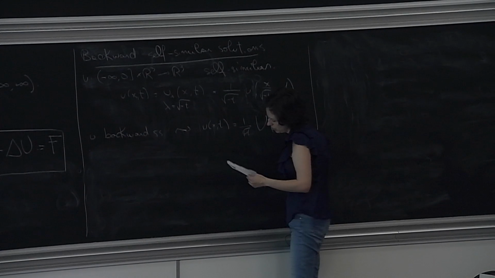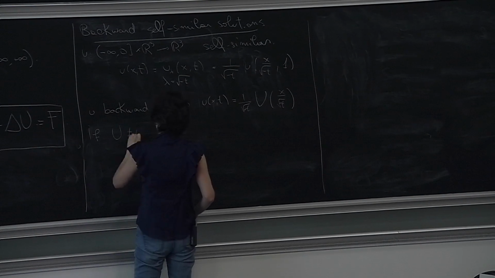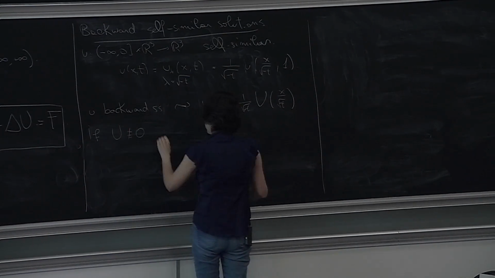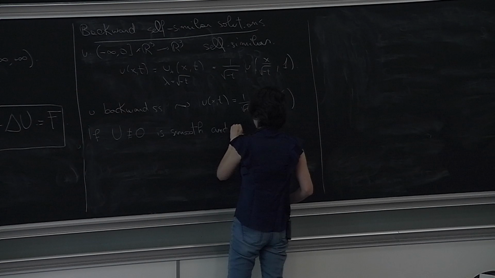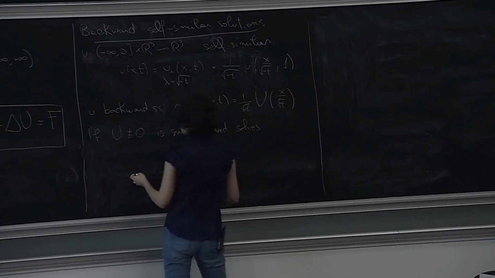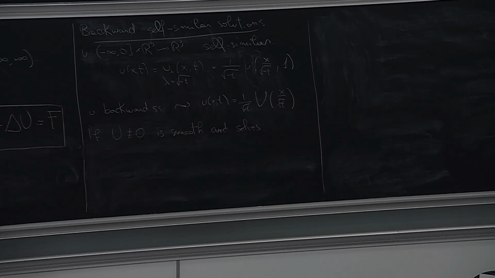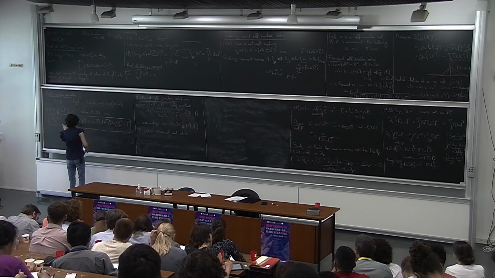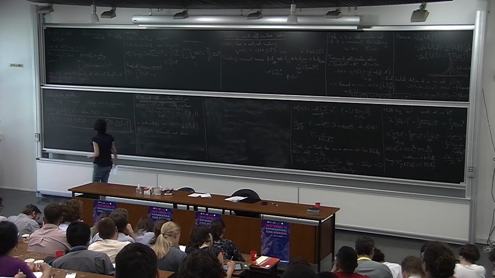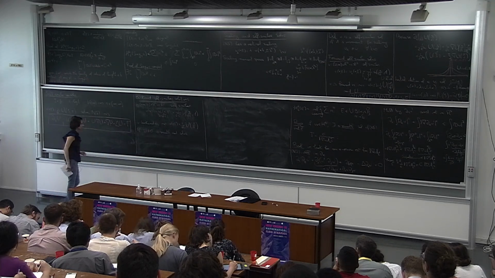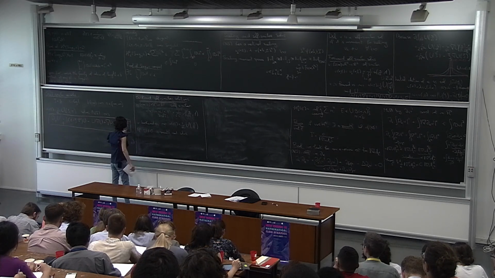And now the observation is that if u is different from 0, is smooth, and solves the backward self-similar equation that, as you can imagine here, I've changed t to minus t. When I look at the equation, the backward self-similar equation is the exact same as this one, just with a sign change. And the sign that changes is this one. This becomes a plus. So this I call Navier-Stokes in self-similar variables.